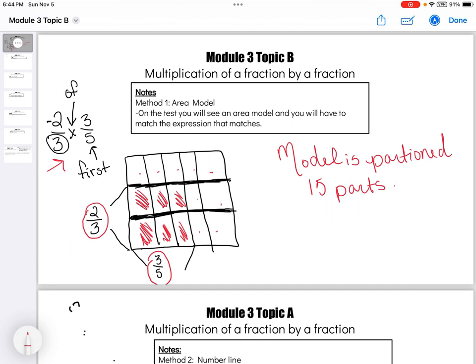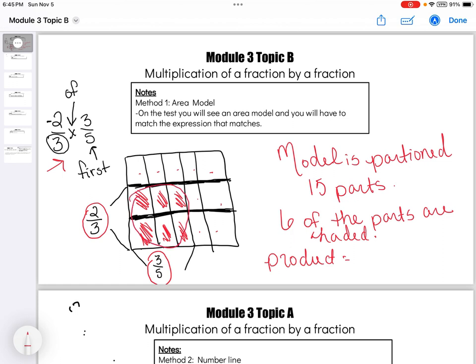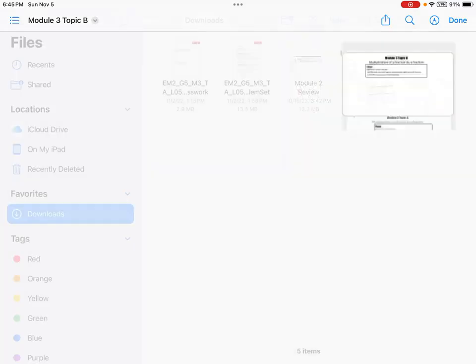Of the parts, 6 of them are shaded. So the model shows the product of what? Well, we look at the product being 6 shaded pieces out of 15 in all. So the product is 6/15. And that's how to solve using the area model.